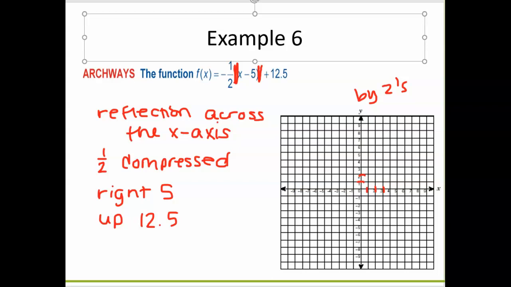And then it's up 12, so 2, 4, 6, 8, 10, 12. So it'd be just a little bit above that 12.5. It's reflected, so my slope would be down 1 and over 2. Down 1 and over 2. And you have to keep that same little bit above and over 2 in between the points.